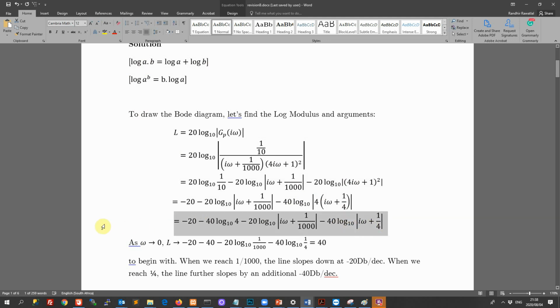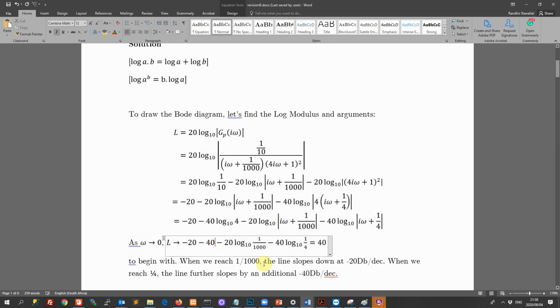Right, so this is the friendlier version for our transfer function in terms of its log modulus. To draw this line, we first think about what happens when omega is close to 0. When omega is close to 0, of course, we can just set zeros in here, and that leaves us with minus 20 minus 40 log 10 4.